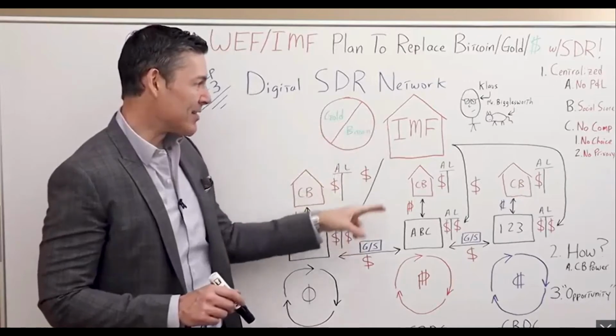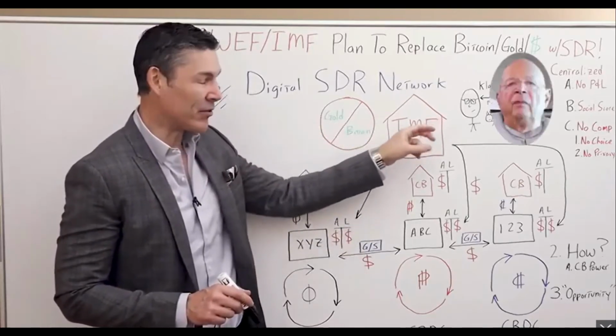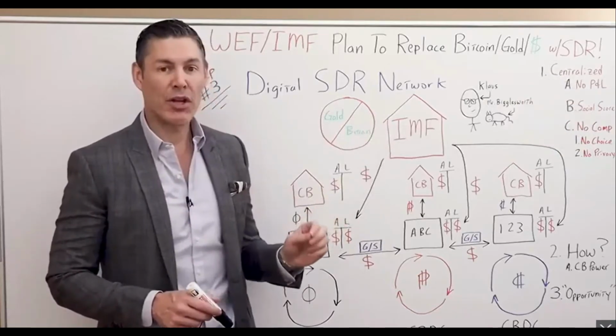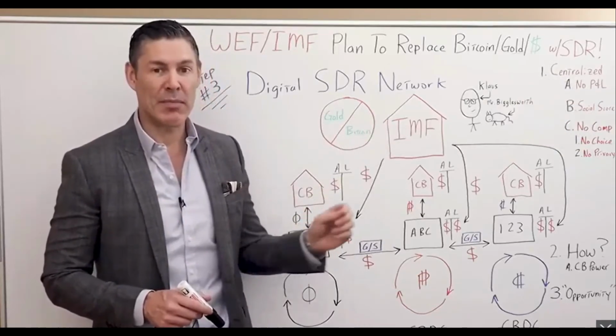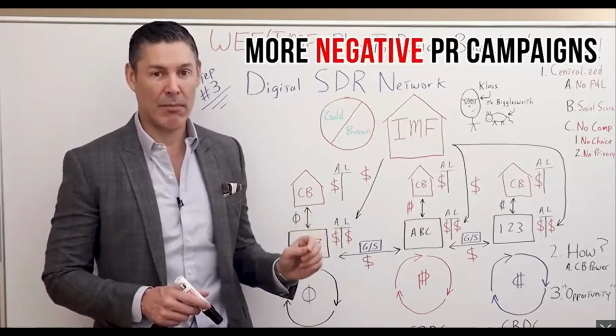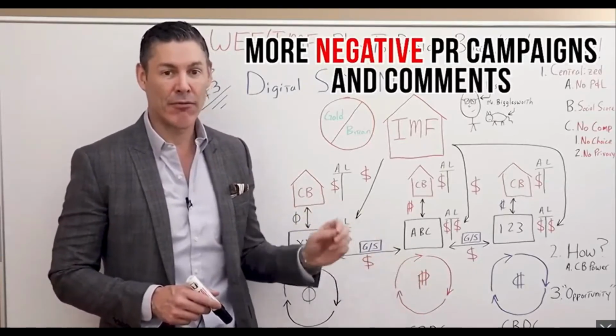But what's not cool is now at the top of the food chain, the top of the totem pole, is the IMF, Klaus, and Mr. Bigglesworth. And I think what you're going to see in 2021 and beyond are more and more negative PR campaigns and comments from the politicians, from maybe Janet Yellen, from the IMF, the World Economic Forum.